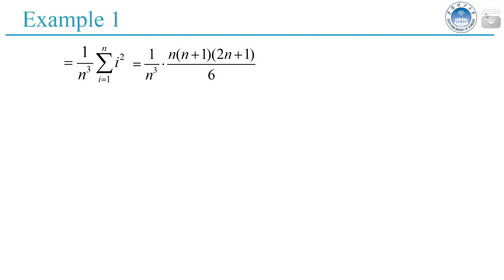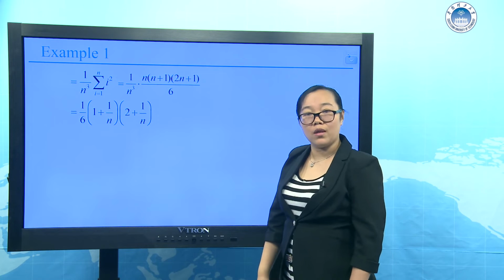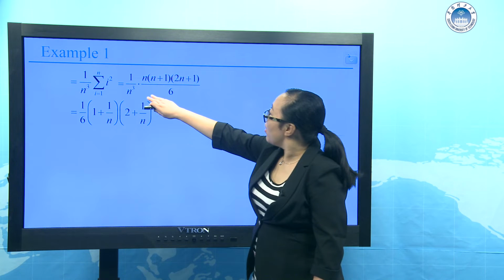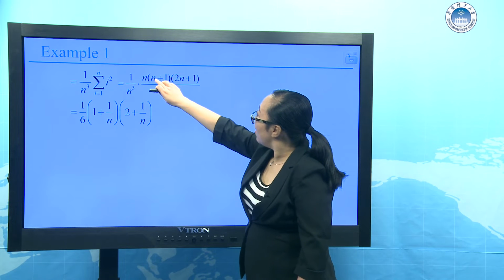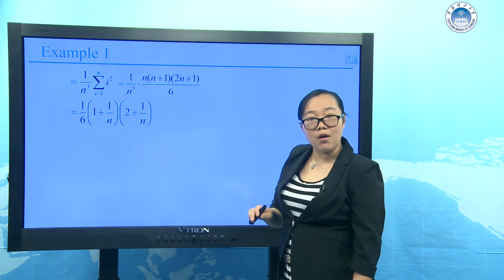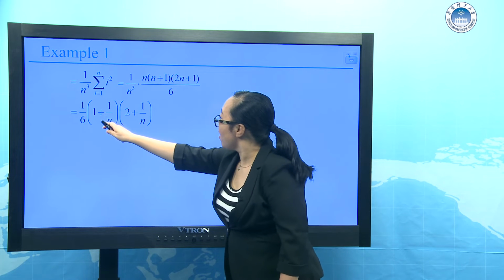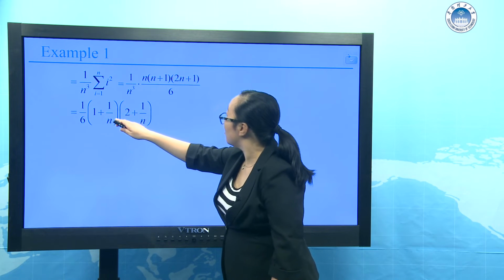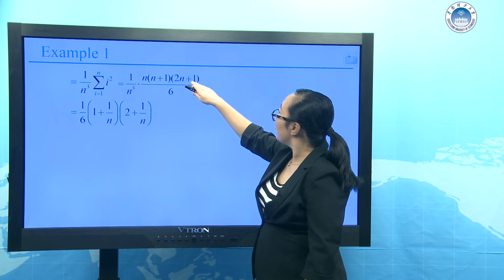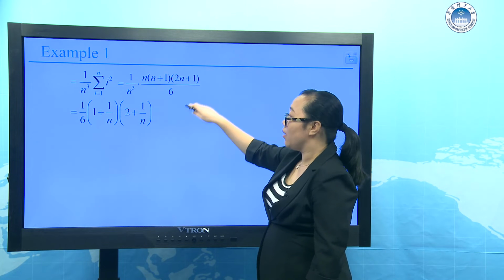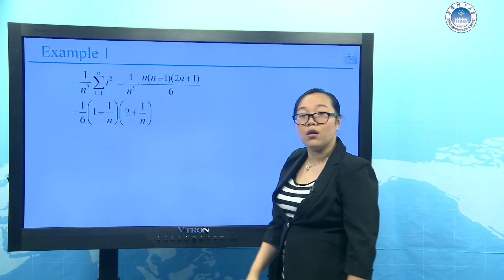How to do? Try to get the limit. So now we can take the constant 1 over 6 out. Now look at the term with n cubed: n, n plus 1 over n equals 1 plus 1 over n, and 2n plus 1 over n equals 2 plus 1 over n.